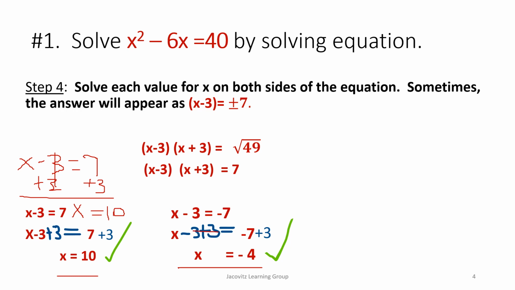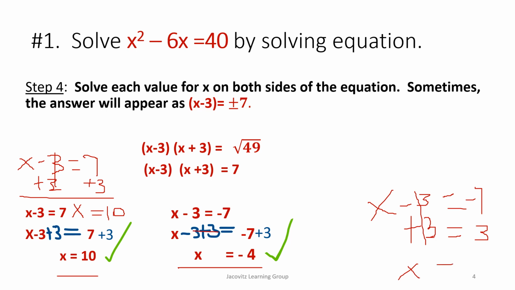Okay, and the same thing here, it's x minus 3 equals negative 7. So if your book says what are the possible values, this is what you're doing. You're completing the square, because it may not tell you to complete the square.